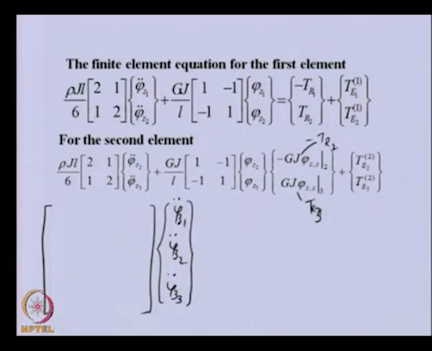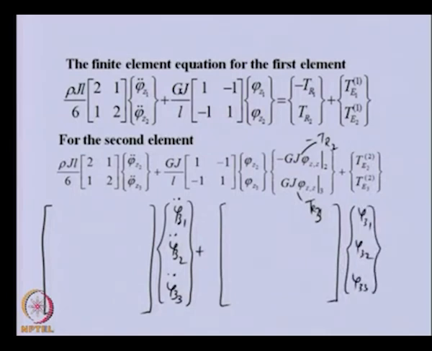So in the system equation we expect these 3 field variables, phi z1, phi z2, phi z3, plus we will have the stiffness matrix, and in the extreme case we will have the torques.